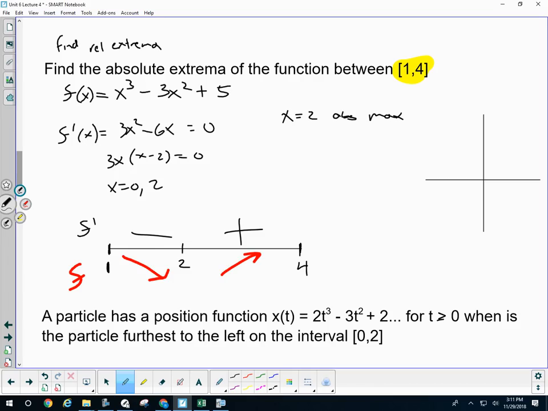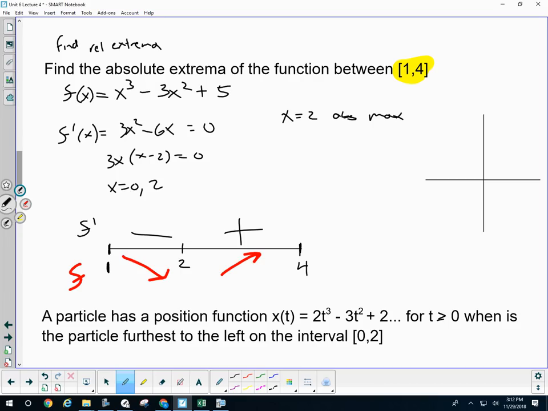But do we know if x equals 1 or is x equals 4 the absolute max? A lot of people think that, oh, it's got to be at 4 because between 1 and 2, that's less distance than 2 and 4.